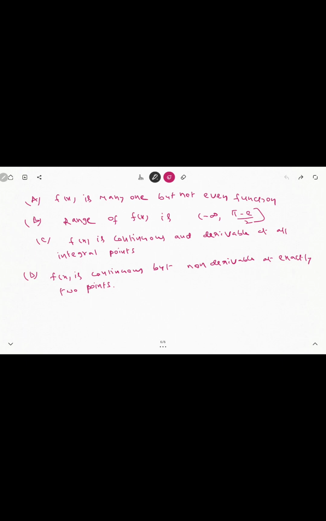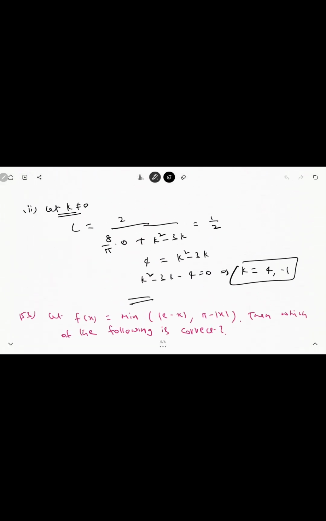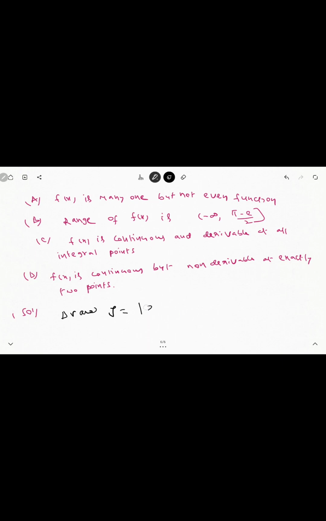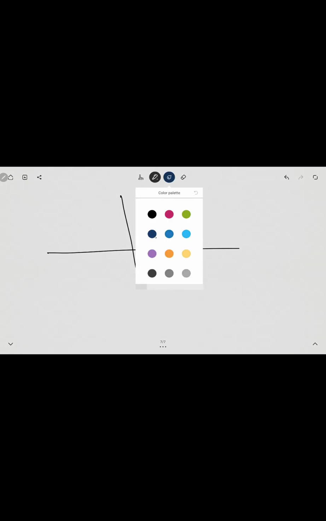So try to draw the graphs. Draw the graph y is equal to modulus of e minus x. Next, y is equal to pi minus mod x. So modulus of e minus x I can draw like this.